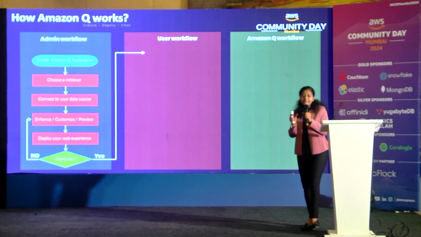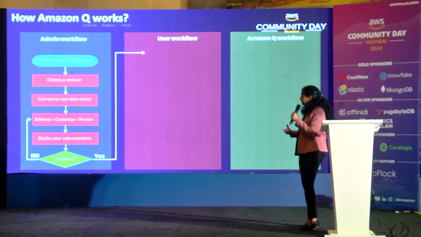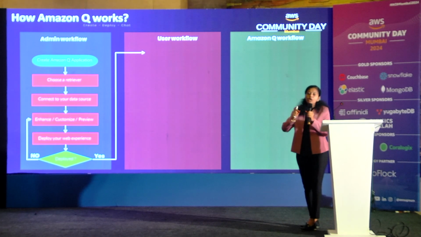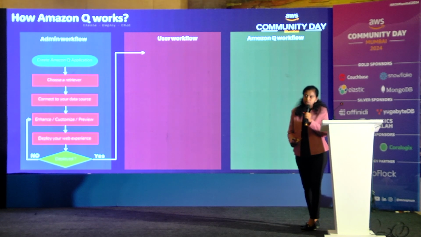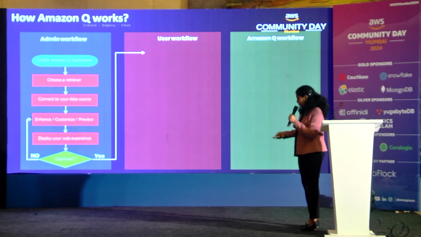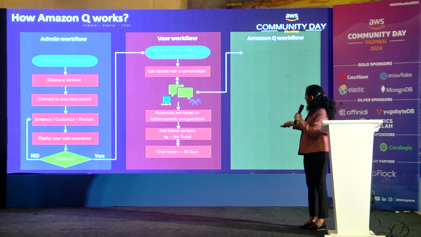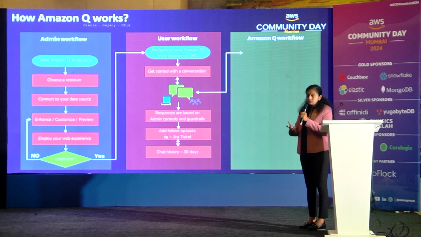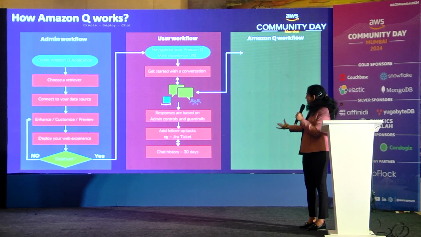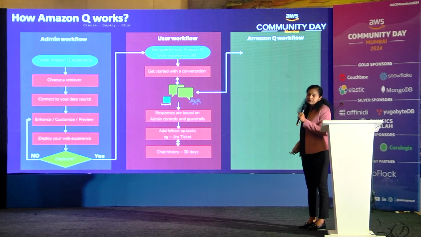And then you can enhance or customize your application. After that, you will deploy the web experience. Once you deploy that web experience, it will have a URL with which you can consume it. That is, the user will be able to use the application once it is deployed. So in the user workflow, the user will go to the URL and can get started with the conversation.